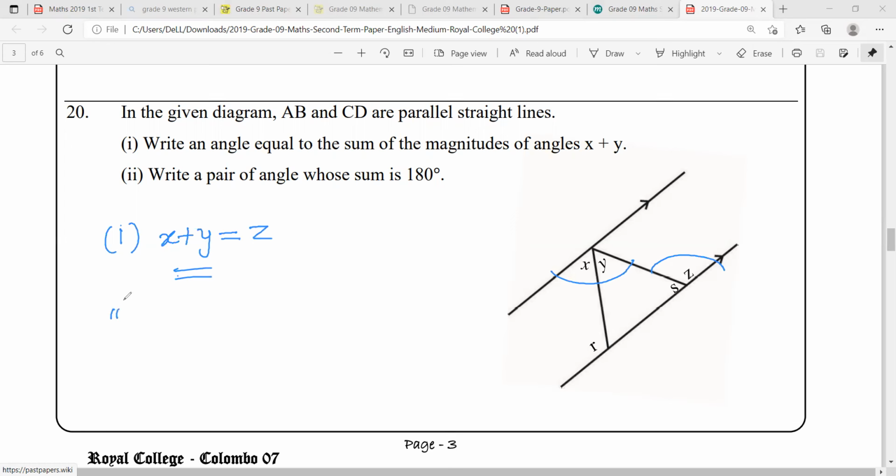And write a pair of angles whose sum is 180. You know that the sum of allied angles is equal to 180. So these two are allied angles. So you can write x plus r is equal to 180, and this is the answer.